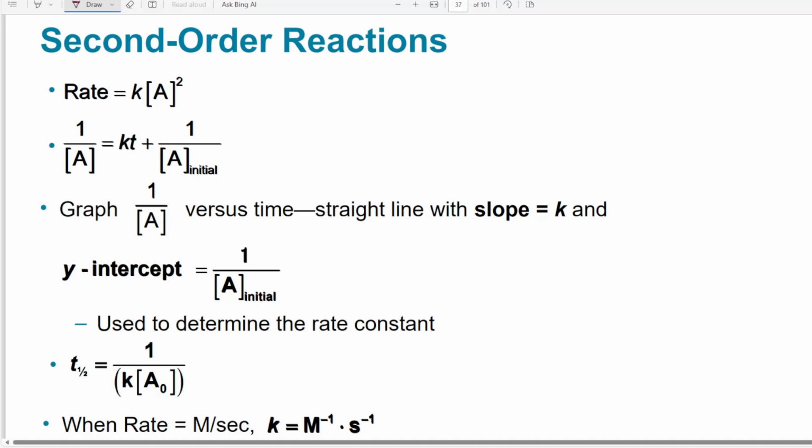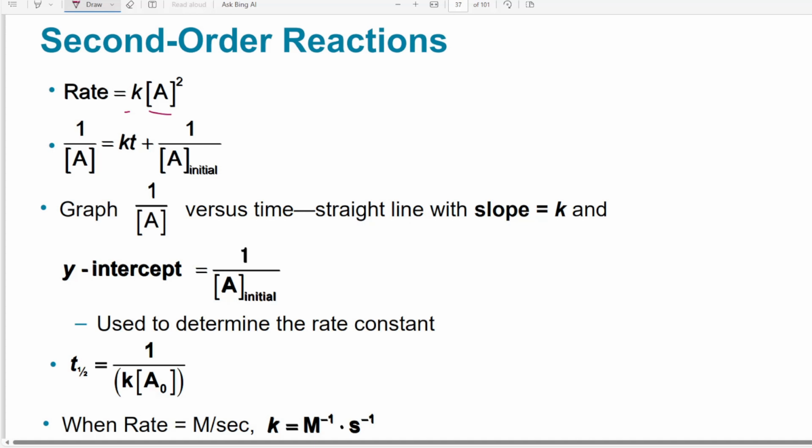Next, we'll consider the integrated rate law for a second order rate equation. If we integrate with respect to time for the second order rate law, where the rate is equal to some k times A squared, the integrated rate law is 1 over A is equal to kt plus 1 over A initial.